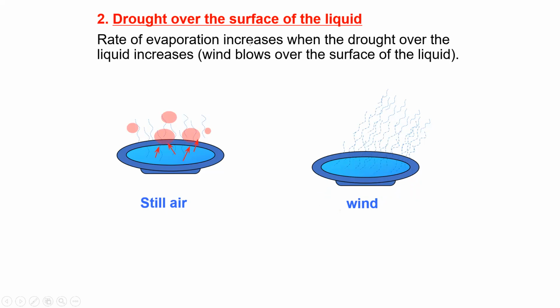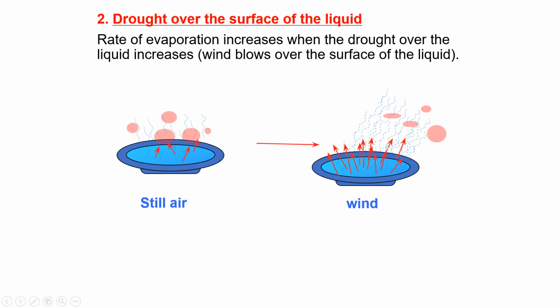But if it is windy, if air is continuously blowing over the surface, the particles which are coming out will move away from the surface. As these particles move away from the surface, the other particles which are left behind can easily come out. That's why if you have wind, it will have a greater rate of evaporation compared to still air.